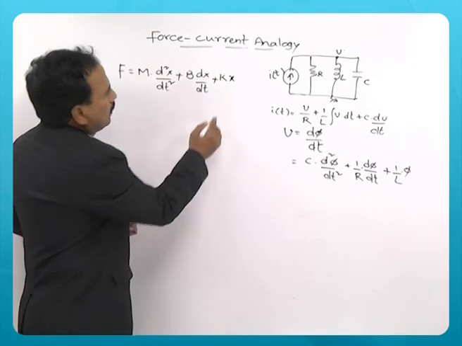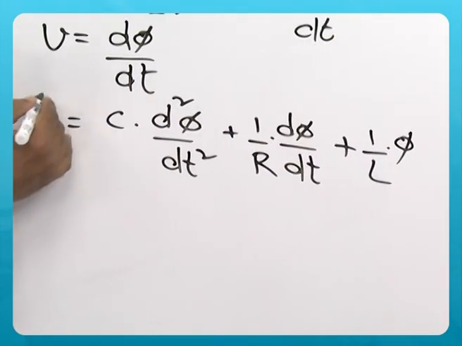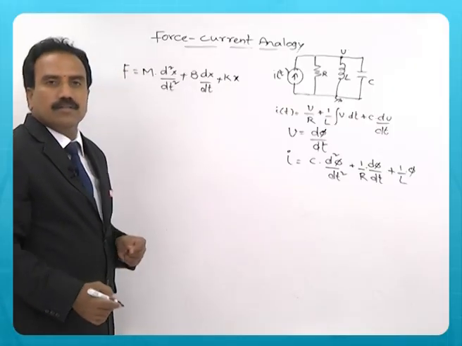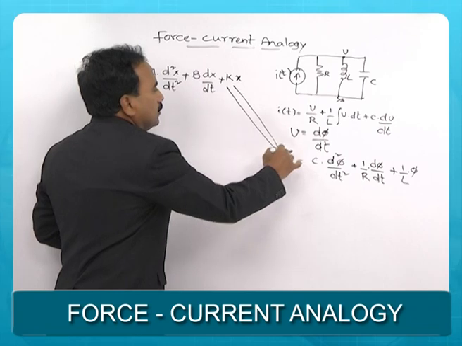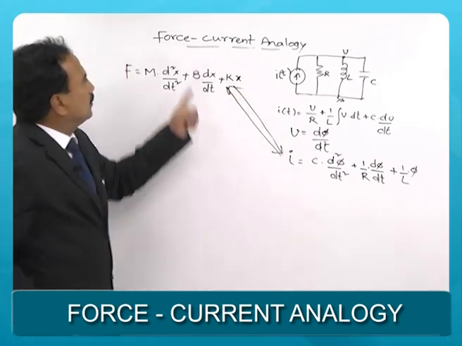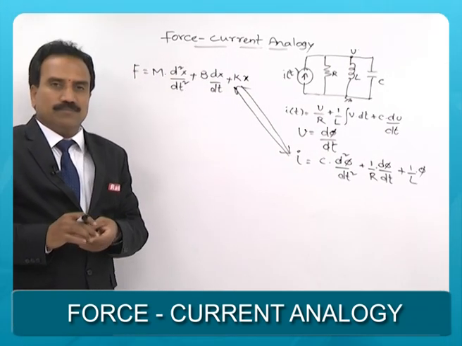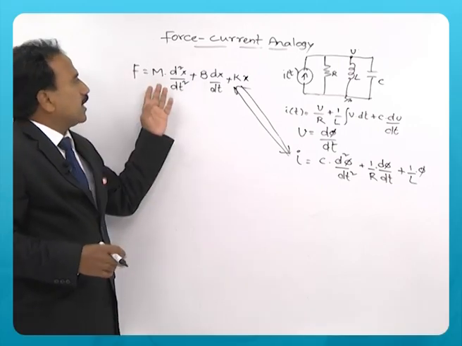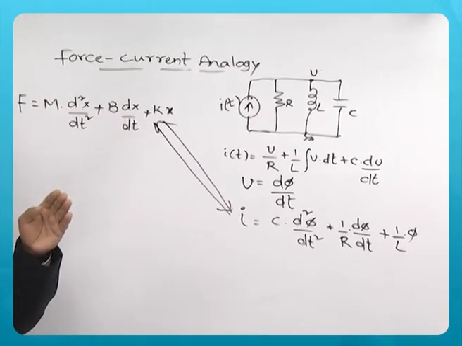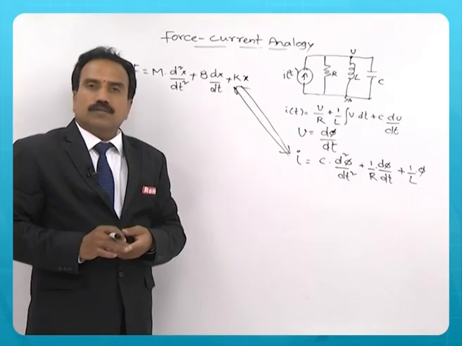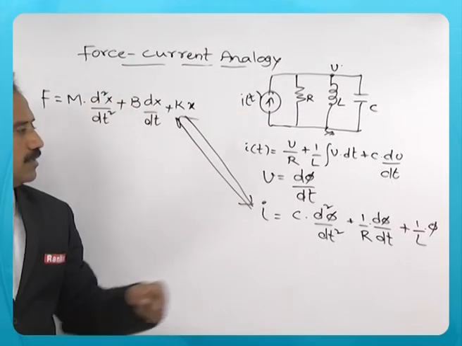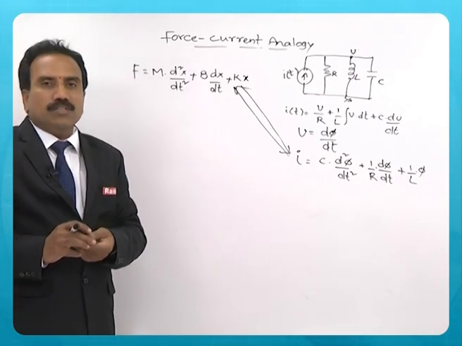Now, you can compare: this is current I and this is force. So, you need to compare these two equations to develop force current analogy. So, any given mechanical system you can convert into an electrical system by using the analogy between these two equations.